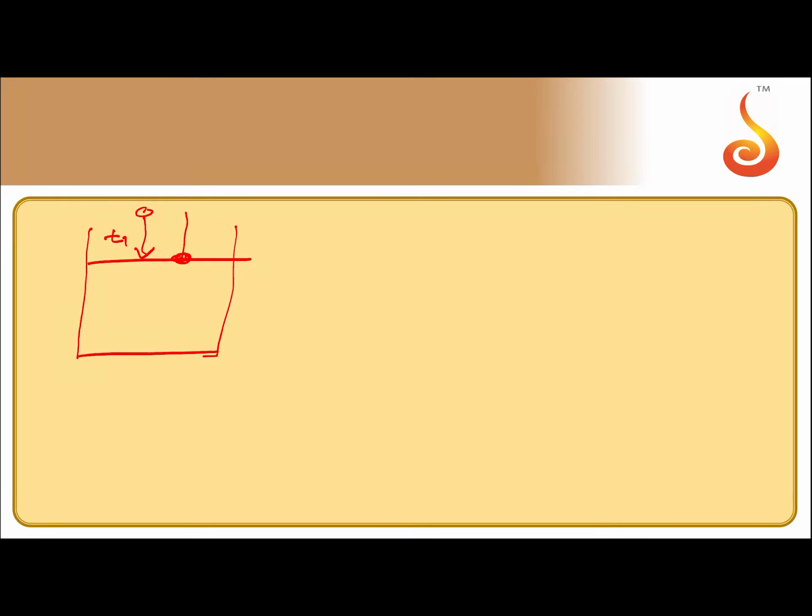Splash is produced. The sound takes time t2 to reach the person. T1 is the time taken by the stone to fall, right? That is given by square root of 2h divided by g. This is the time of free fall. T2 is the time taken by the sound to travel in a medium which is constant, so I can write it as h divided by v.